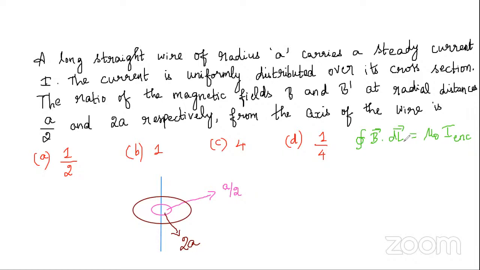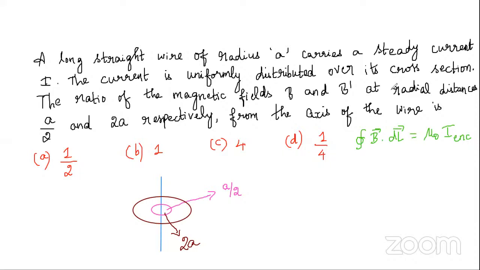To find I enclosed, we have to find the current per unit area, because the current is uniformly distributed over its cross section, and then multiply that by the area of the loop. In that way, we calculate the current enclosed.